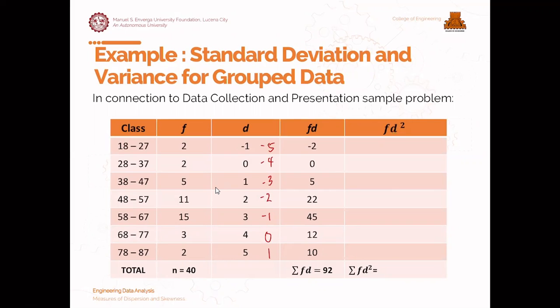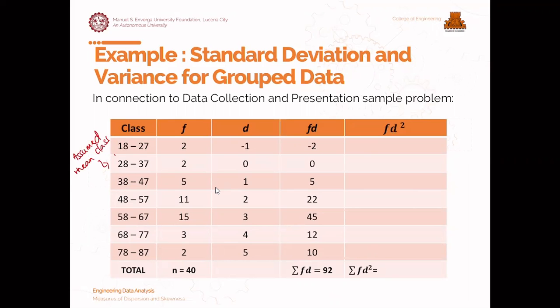The final answer for the standard deviation and the variance should be the same. Pero since meron tayong given dito na selected na mean, ito yung sinelect niyang mean. Itong column na to, lagay ko dito, ito yung assumed mean class niya. Kaya nandun yung 0 natin.